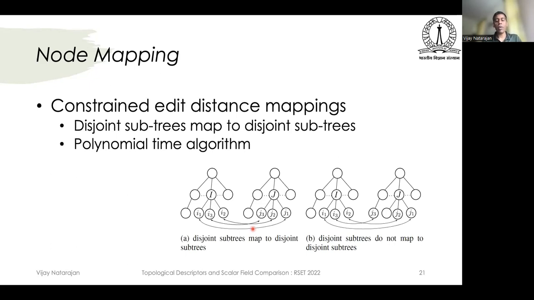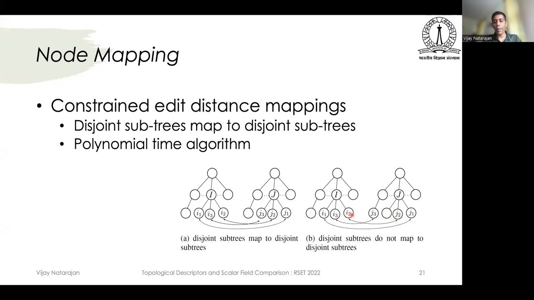One of the constraints we incorporate, again motivated by the fact that we want this to be applied to merge trees, is that I want disjoint subtrees to map to disjoint subtrees. So here is a set of mappings that is legal. So I1, I2, I3 are disjoint, and they are mapped to disjoint subtrees. Whereas here, this mapping does not map disjoint.